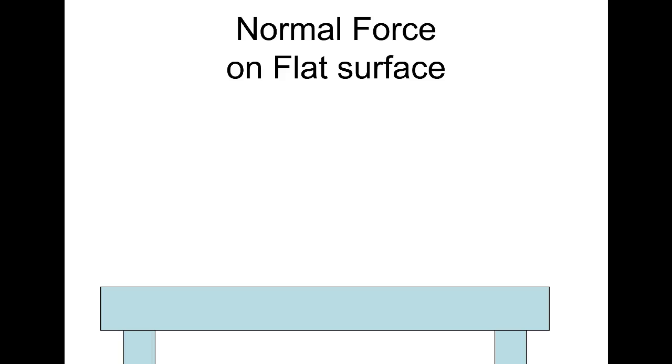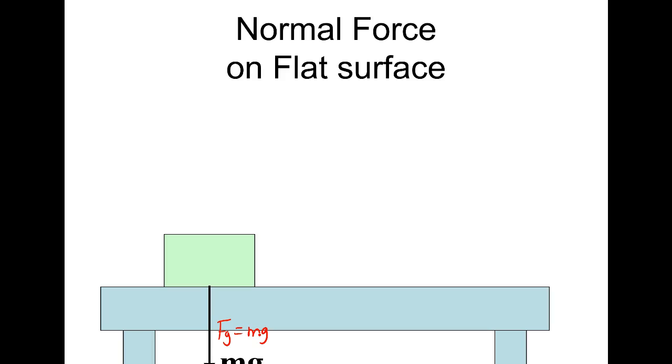Okay, so we would draw this. Here's the normal force on a flat surface. So here's an object, and we would draw the force of gravity going downwards. Sorry, that got cut off a little bit, so we're just going to label that as mg, as the force of gravity is equal to mg.